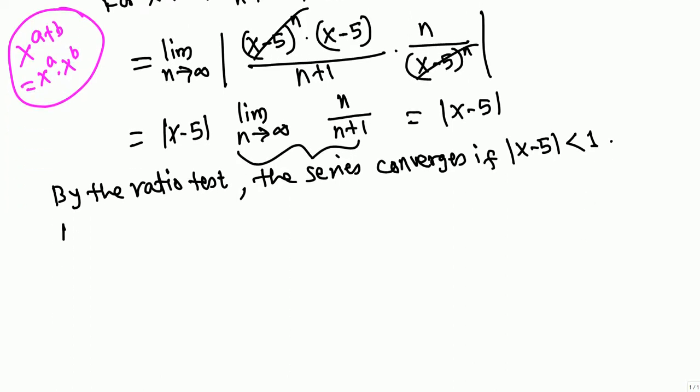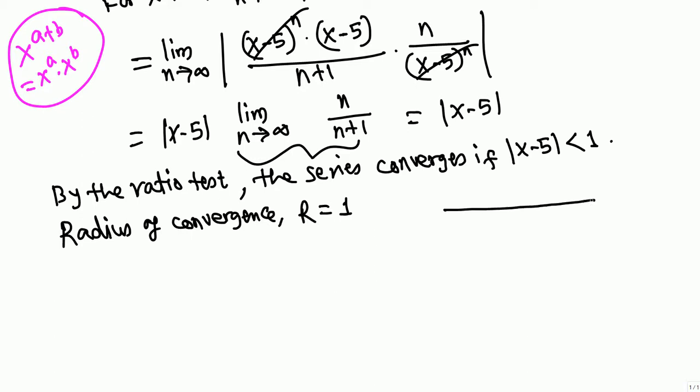So we got the radius of convergence r is 1, and our center is 5, so basically we are in this situation now. 5, 1 to the right, 1 to the left, because the radius is 1, so 5 plus 1 is 6, 5 minus 1 is 4.